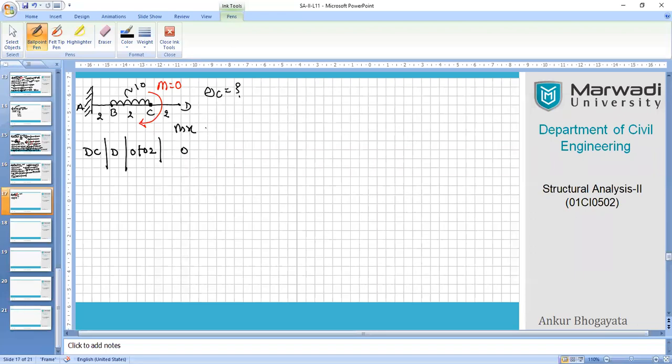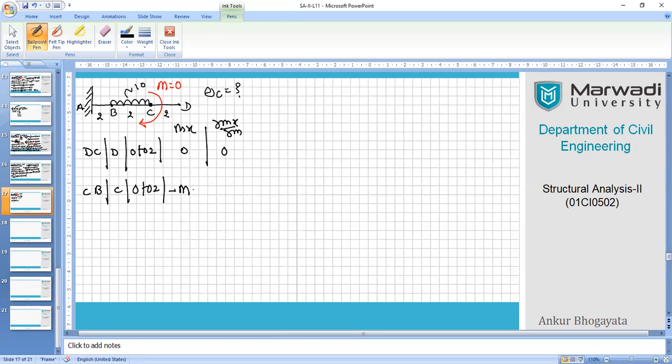Mx is 0, del Mx upon del m is also 0. Then C to B, C becomes the origin, 0 to 2 meter is the length.